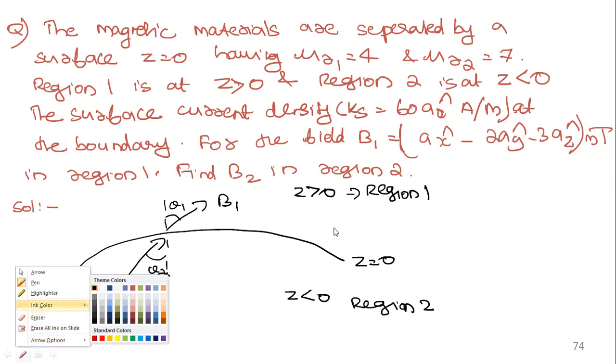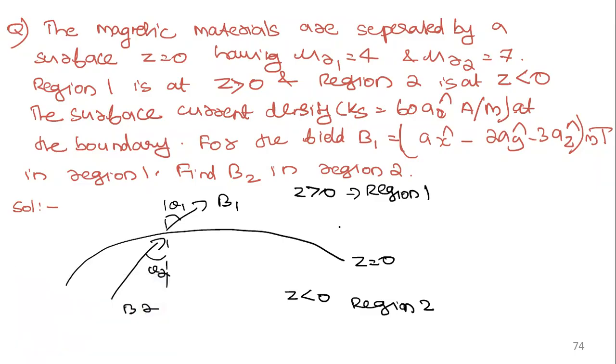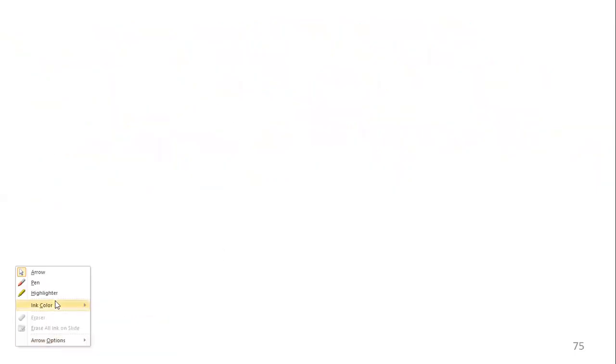So moving ahead, we need to find the normal component. We'll go with our standard equations. So the boundary is at Z equal to 0. That means B1n is equal to minus 3AZ, right?